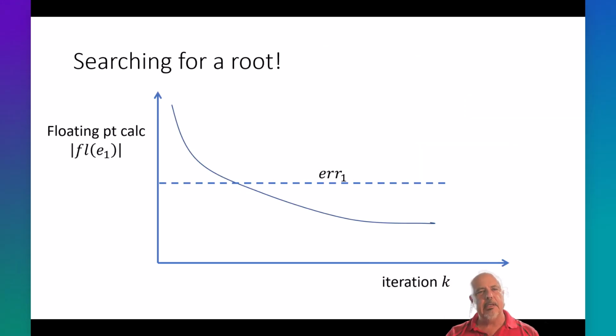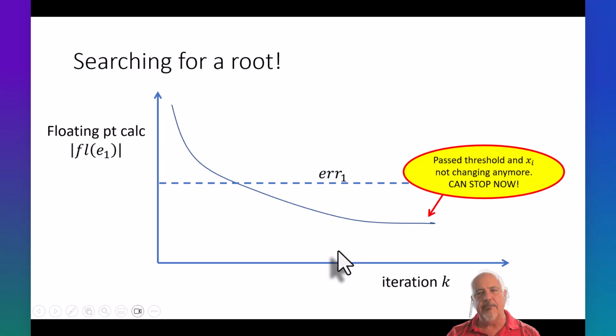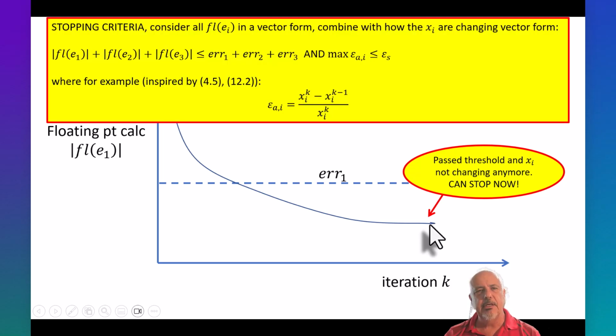Then we put this together, bringing back our rooting algorithm, where our floating point calculation of our e1 is diminishing, diminishing, diminishing as we look at our iteration. It gets below that, and we keep going if we can until the xi is not changing anymore, right? So that's kind of how we did it.